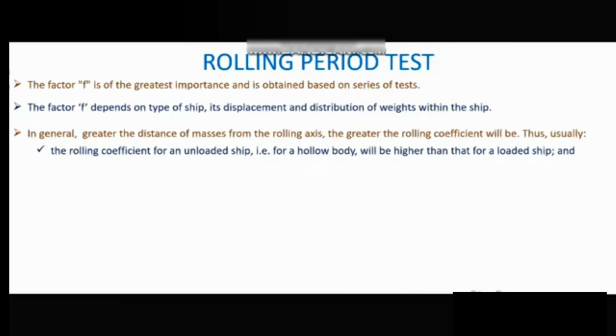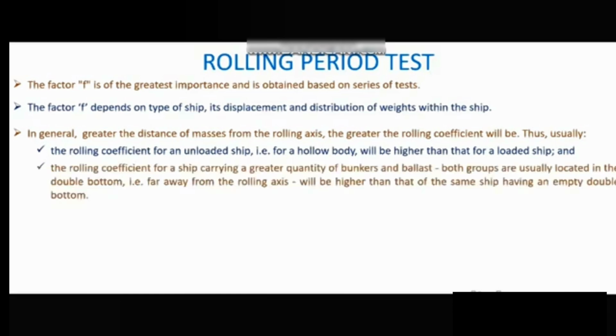Therefore, the rolling coefficient will be relatively lesser. So the rolling coefficient of an unloaded ship will be higher than for a loaded ship. And the rolling coefficient of a ship carrying a greater quantity of bunkers and ballast, both of which are located in the DB away from the axis, will be higher than that of the same ship having an empty DB tank.